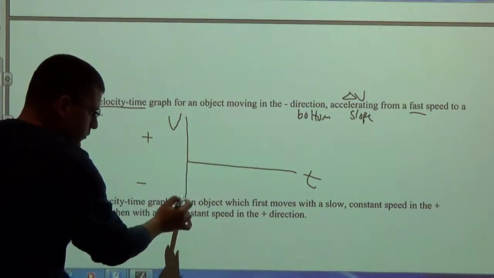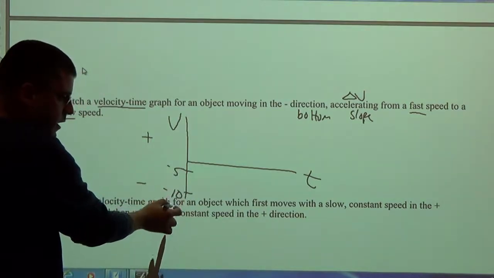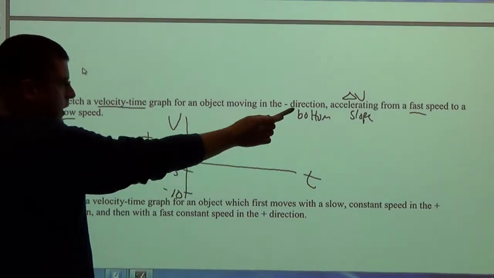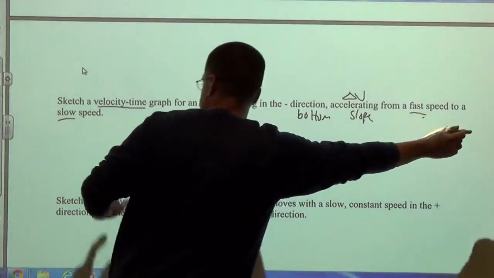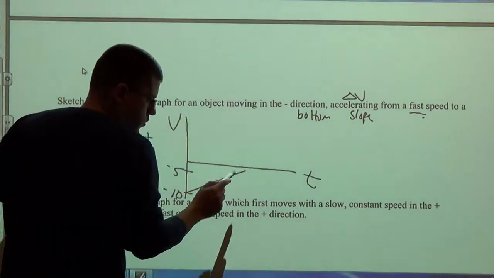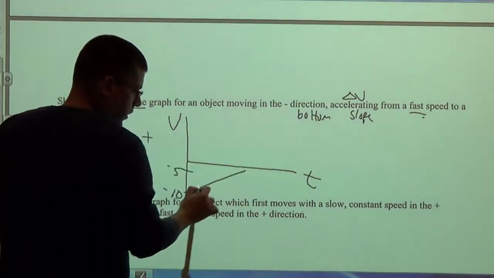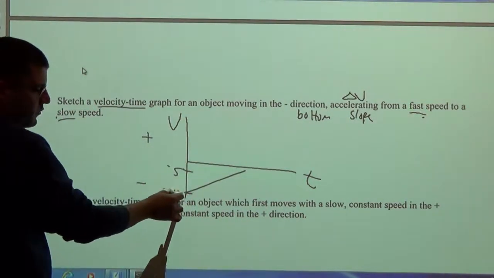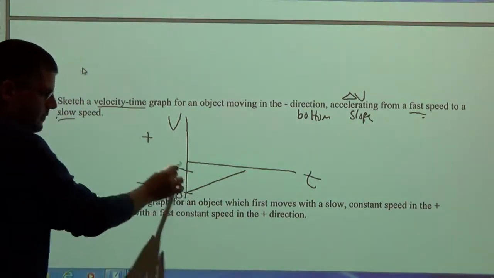So let's put in our numbers. So again, -5, -10. Again, negative just means direction. 5, 10. So should I go from fast to slow or slow to fast? Fast to slow. From here to there. So again, negative direction, acceleration, we have our slope, our delta V. Fast, we'll just make up an easy number, 10 for magnitude, to slow, 1 to 2 in the negative direction.